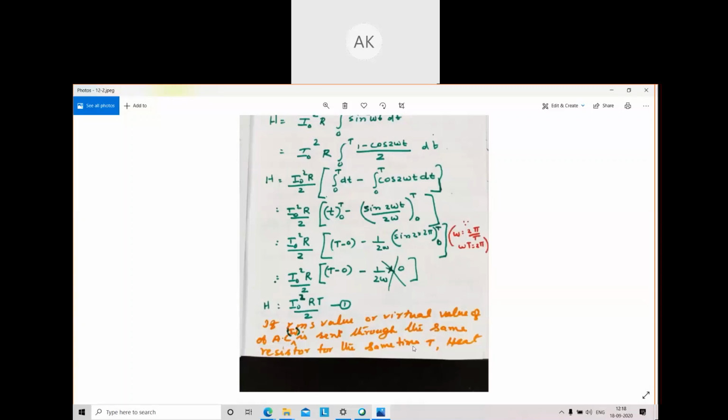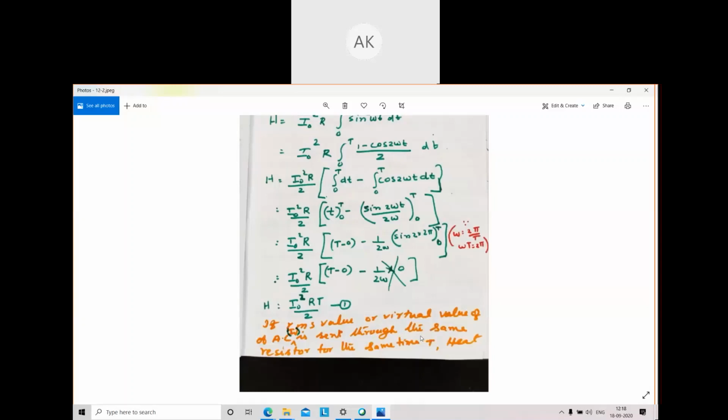So what is the actual value of AC, or steady value? That is the steady value of AC which will give the same heating effect as is done by the AC for the same time period through the same resistor. So if IV is the virtual value of AC that is sent through the resistor of resistance R for the time T, what is the heating effect produced?